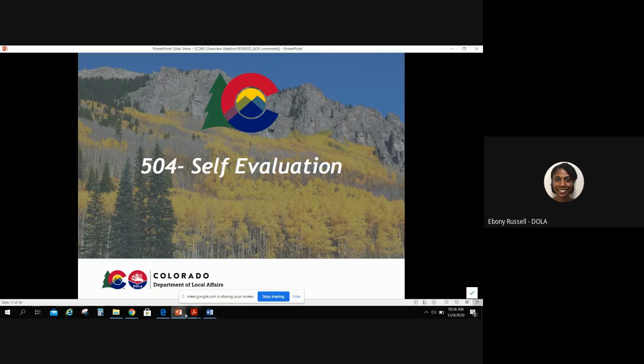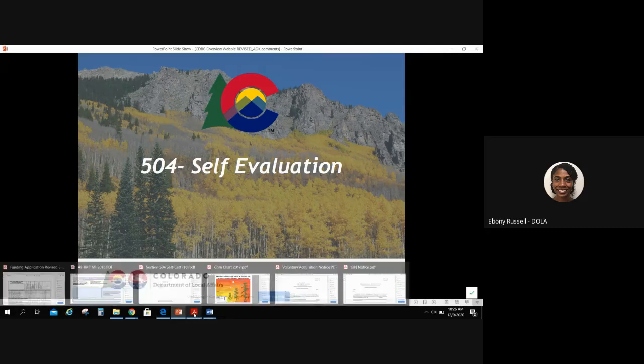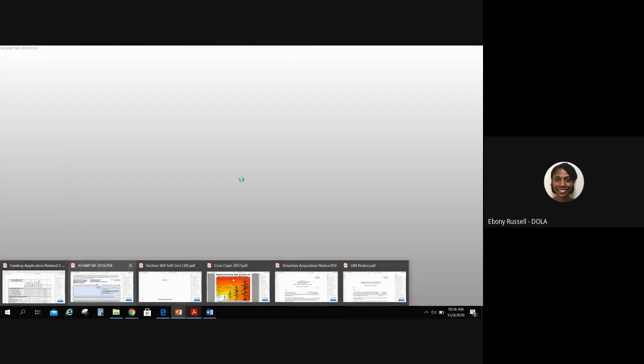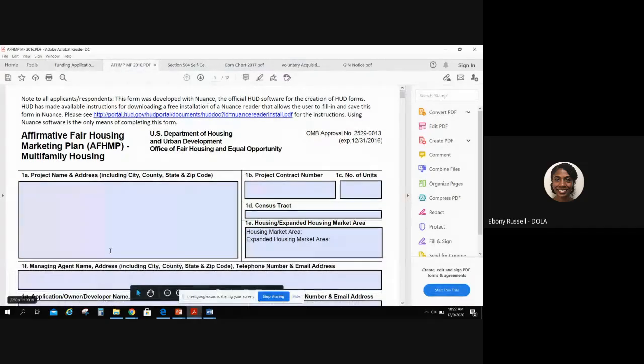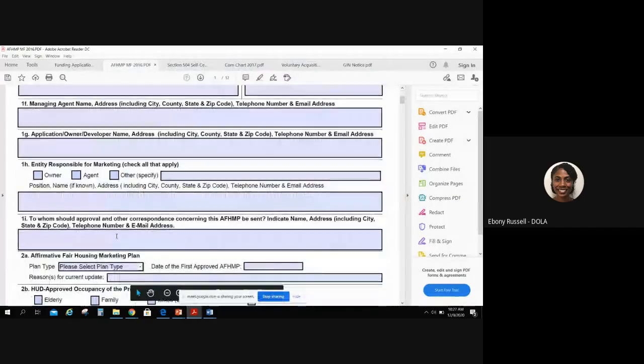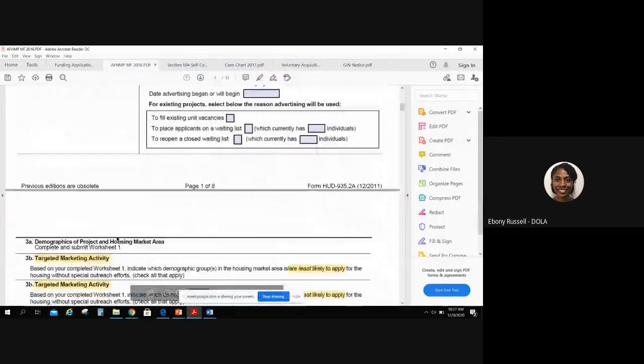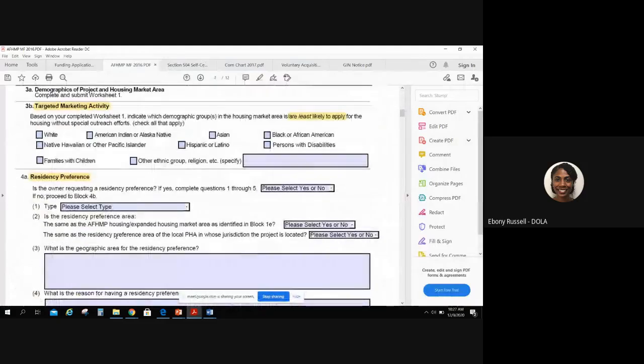And I'm just going to pull up that form so we can have a look at it. And I've just highlighted some things here. So this form really is a document that states that you will be reaching out to underserved communities.